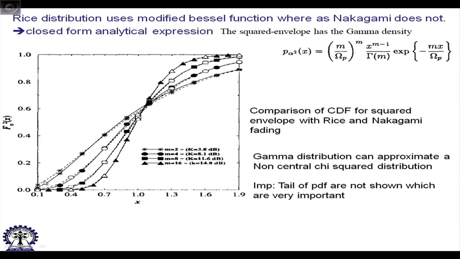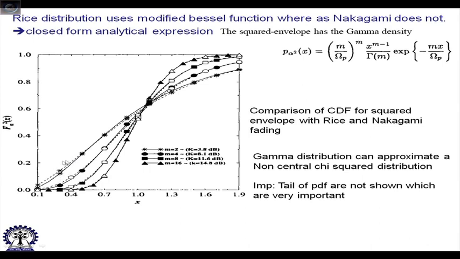One is the dashed line, one is the solid line. But there is the same legend, that means the star, the circle, the square and the triangle used in the dashed and the dotted line. The dashed and the dotted line correspond, one for the Nakagami-m distribution, the other for the Rician factor.